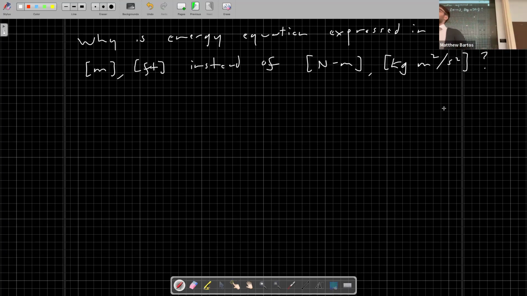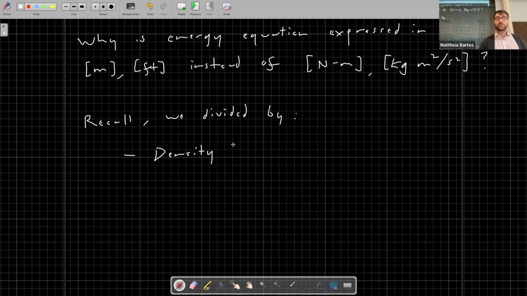Yeah. So the answer comes from how we derived the energy equation. Recall that when we derived the energy equation, we divided by 4 different quantities. First, in the momentum equation, we divided by the density.